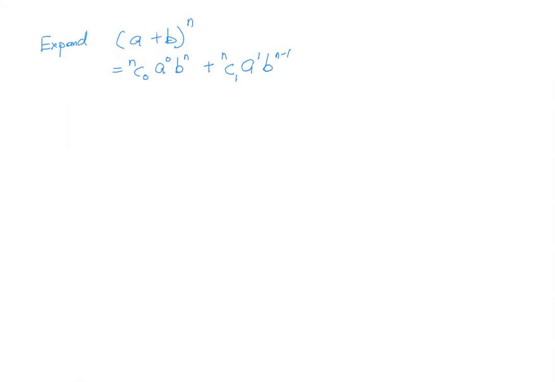Continue the same, and the last one is nCn a to the power n b to the power 0. So this is called a binomial expansion. Understand, this is called a binomial expansion. Are you okay? If you see any expansion like that.